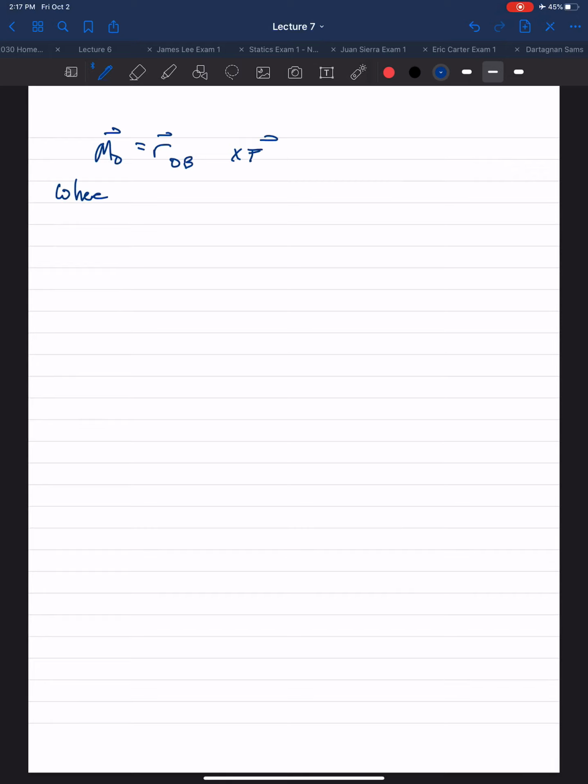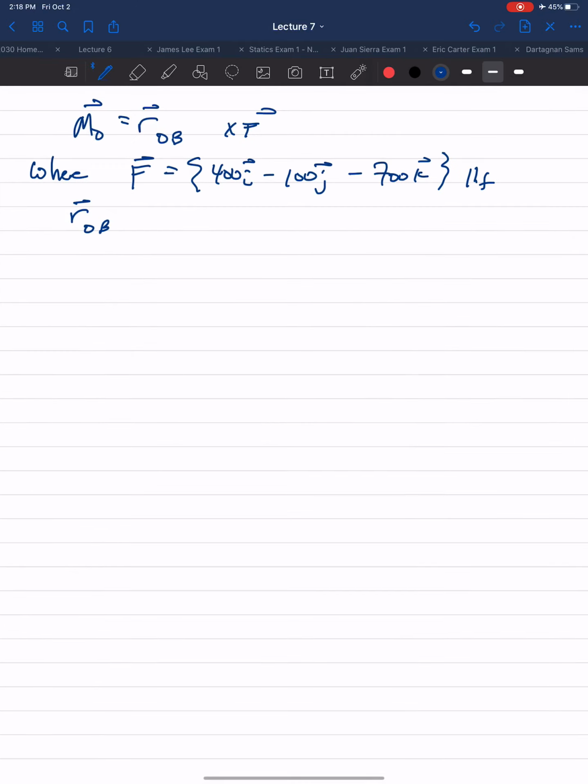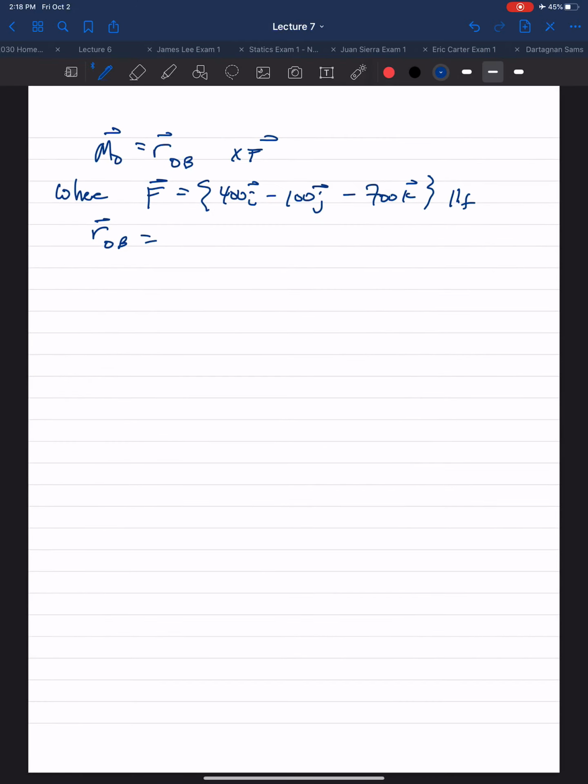Let's rewrite it where F equals 400i minus 100j minus 700k pound force, and r_OB we said was 8i plus 0.25j plus 1.5k.